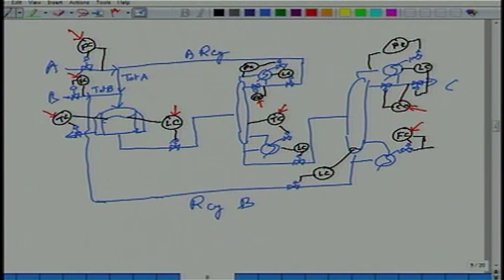These are the 8 set points for the steady state degrees of freedom for this control structure.